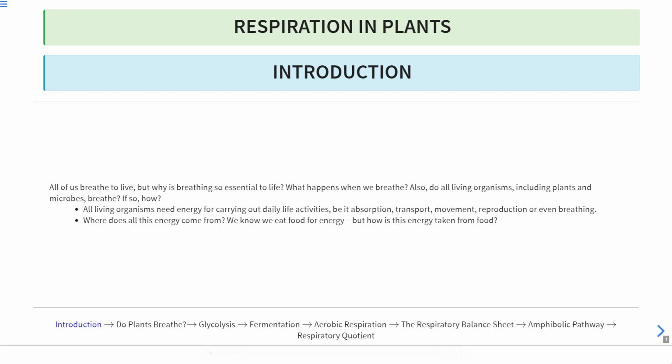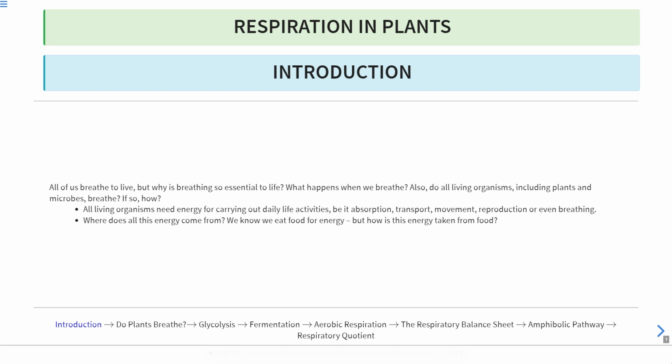In that reaction, slowly and gradually, the molecules are broken down, and energy is formed, that is the ATP. So this energy comes from the oxidation of food.